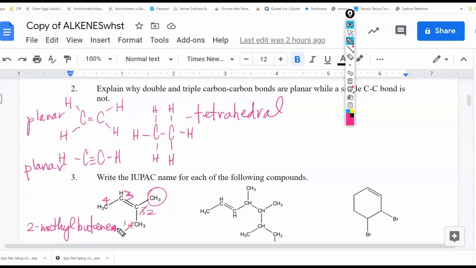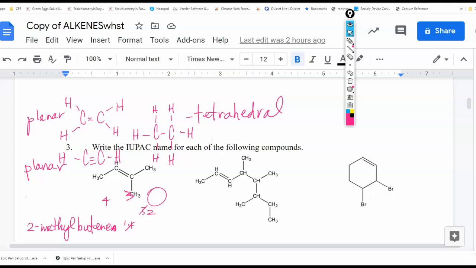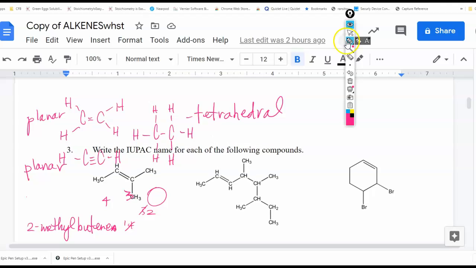And then this one has the double bond here, and I've got to count my carbons. So I've got 1, 2, 3, 4, 5, 6, 7, 8, and I have a methyl group on 5 and 6, and that made it clear to me that I named this one wrong.